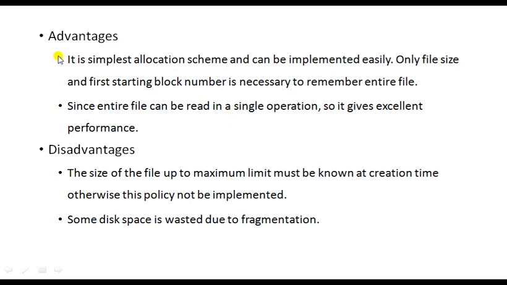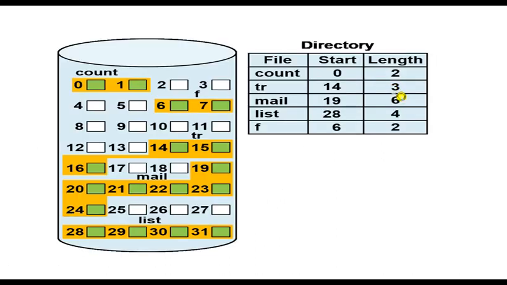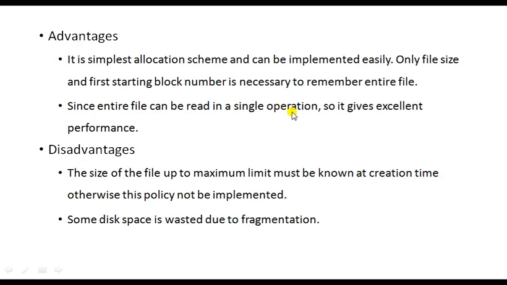And the method has its own advantages and disadvantages. Coming to the advantages, it is the simplest allocation scheme, meaning you can easily implement this scheme programmatically. It maintains only the starting block number and the file size, which are used to remember the entire file. Since the entire file can be read in a single operation, it gives excellent performance.